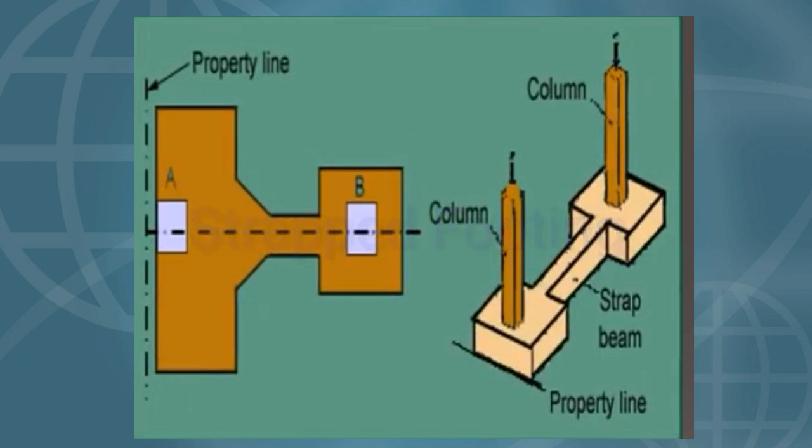Now you can see between these columns there are two footings. Between these footings one beam is there. This type of beam we call a stepped beam. So when we use the stepped beam, that type of footing we call stepped footing.